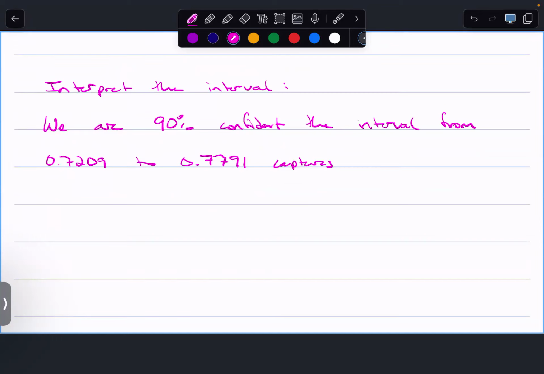Captures what? Captures the population proportion, but not just the population proportion of dentists who recommend Colgate.